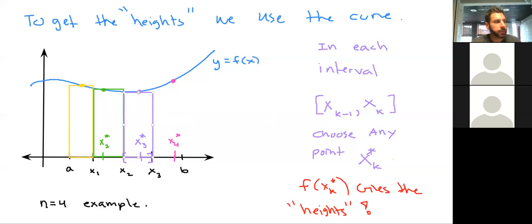There's my third rectangle, and then last but not least, I have my fourth one. So now I have 4 rectangles. Each one of them has some arbitrary height. Anybody have a question?